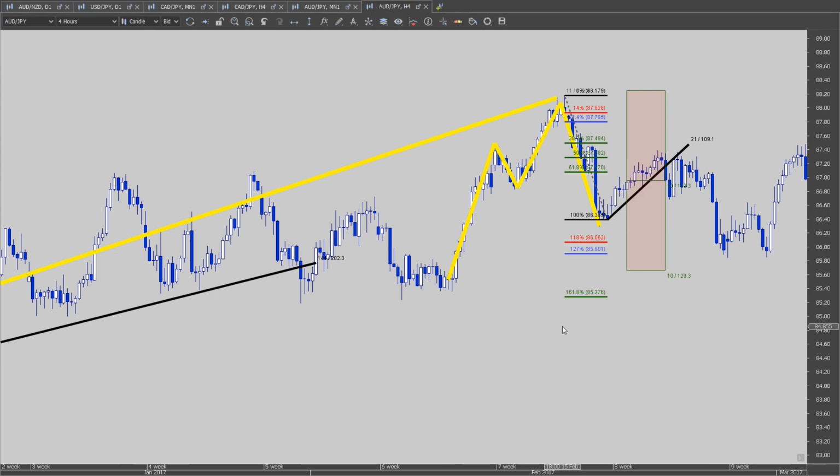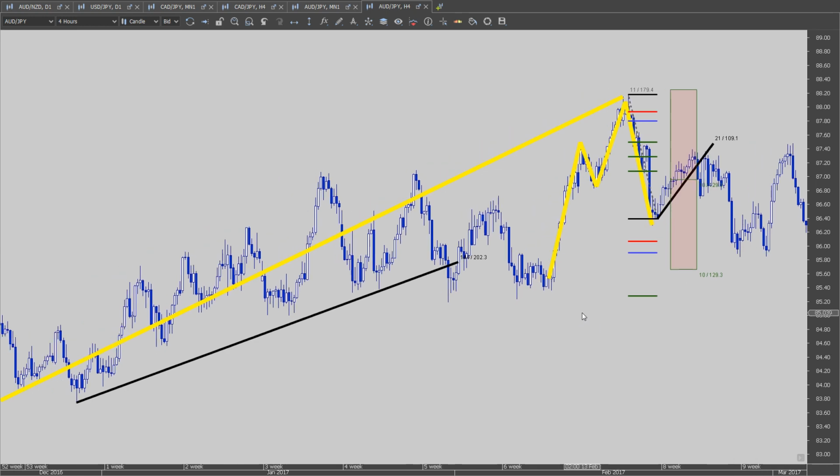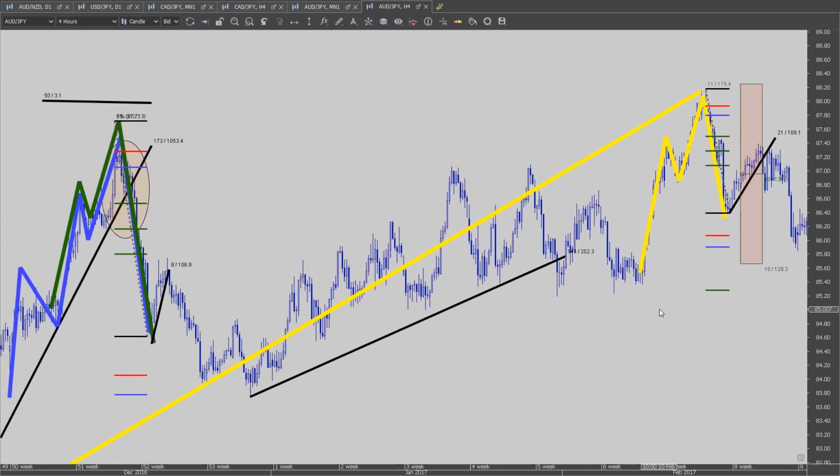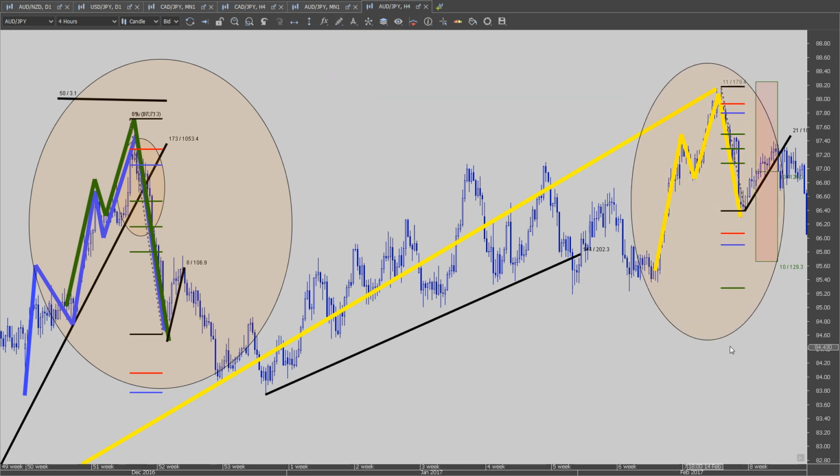Now of course, building a strategy, right? Together with all the knowledge that we have, what happened here is also called a double top on the higher time frame. On the daily chart most likely it is going to be a double top.